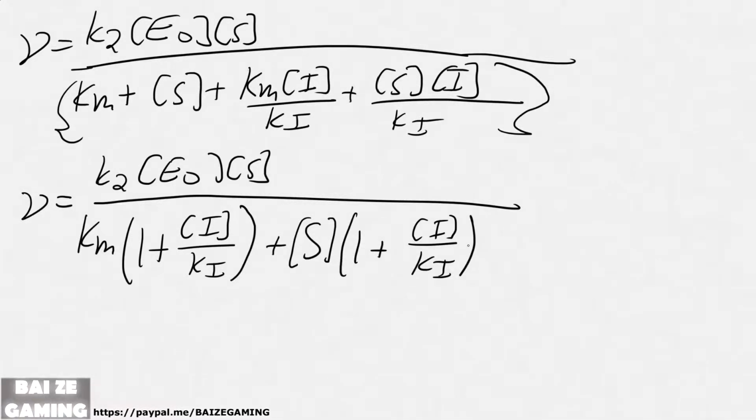Okay, good. This whole thing is just a factor, so what we can do is divide numerator and denominator by that factor. It's just constants. 1 plus I over Ki involves a concentration, but in this case it's a constant, and Ki is also a constant. So let's do this.